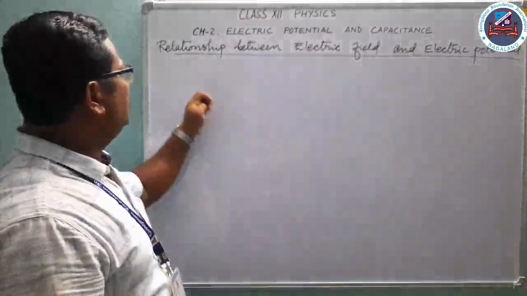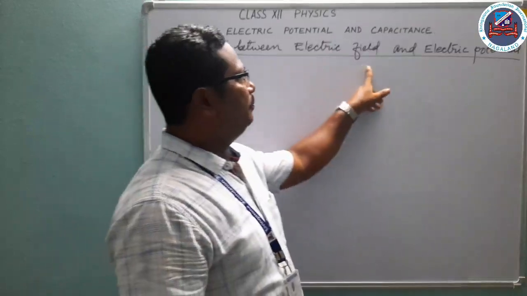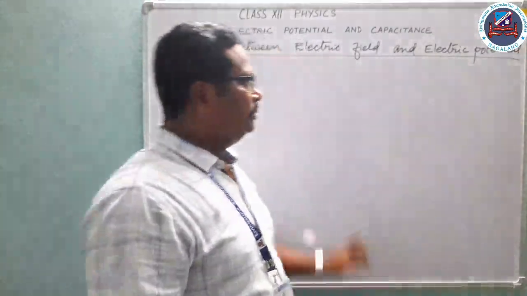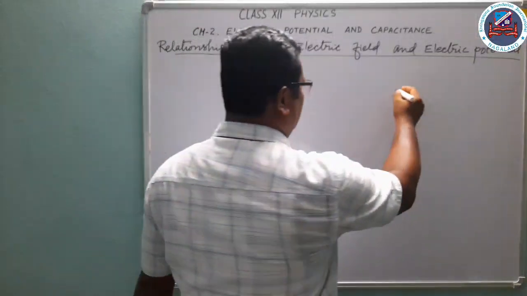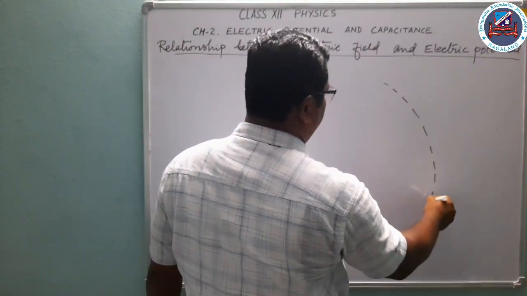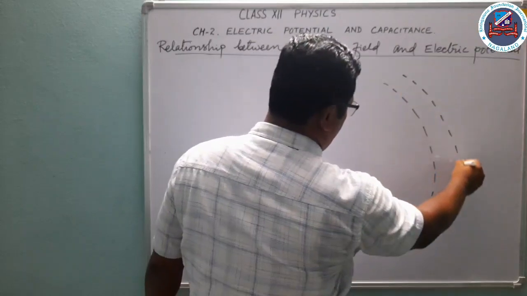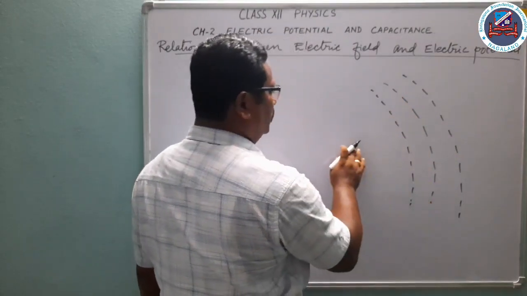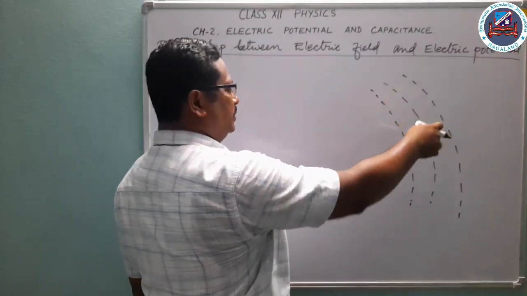Now let us see the relationship between electric field and electric potential. To know this relation, let us consider equipotential surfaces. Suppose these are the equipotential surfaces due to a point charge. These are spherical surfaces.